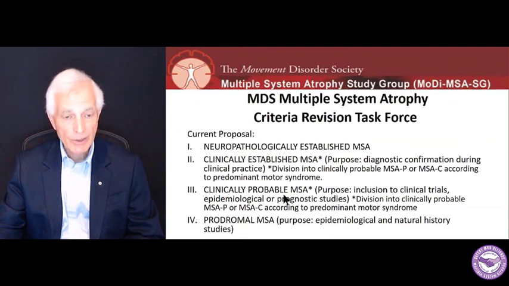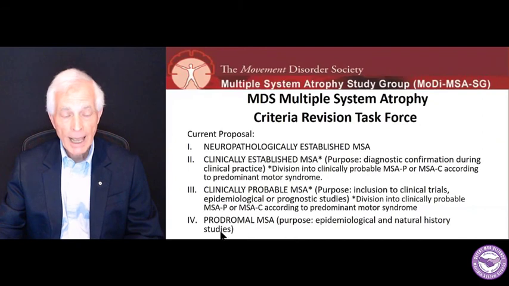Clinically probable MSA, a criteria that is going to allow us to incorporate patients into clinical trials. I think that's going to be most important, encouraging the recruitment of patients that don't have to have a full house, but have to have enough features that we can be pretty sure of the diagnosis, and therefore then recruit these patients at an earlier stage into clinical trials, hopefully that might show the ability to slow the progression of the disease.